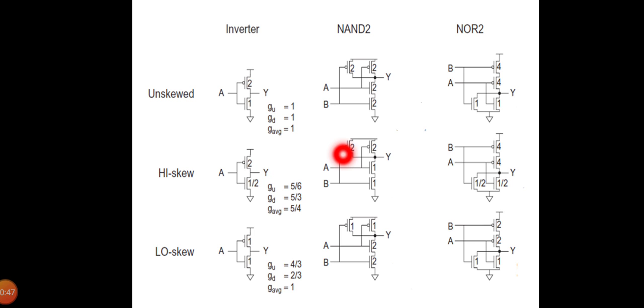In this example, for a unit inverter, the high skewed inverter has an NMOS transistor sized as the value of the unit inverter divided by 2, that is 1 by 2 is applied to NMOS here. Similarly, for low skewed, PMOS has 1 by 2 the value of the unit inverter, that is 2 by 2 gives a value of 1 here.